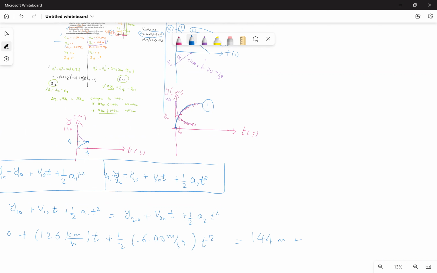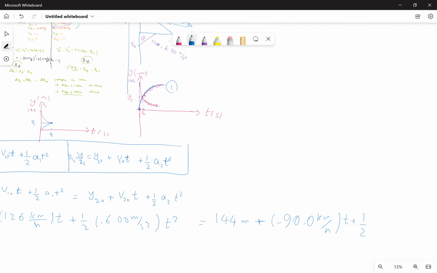Plus v20. v20 is negative 90.0 kilometers per hour times t, plus half a2, which is going to be 6.00 meters per second squared, t squared.